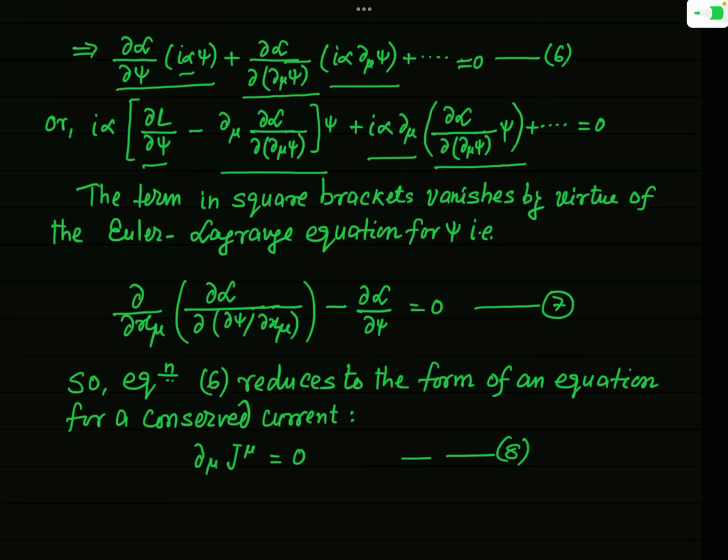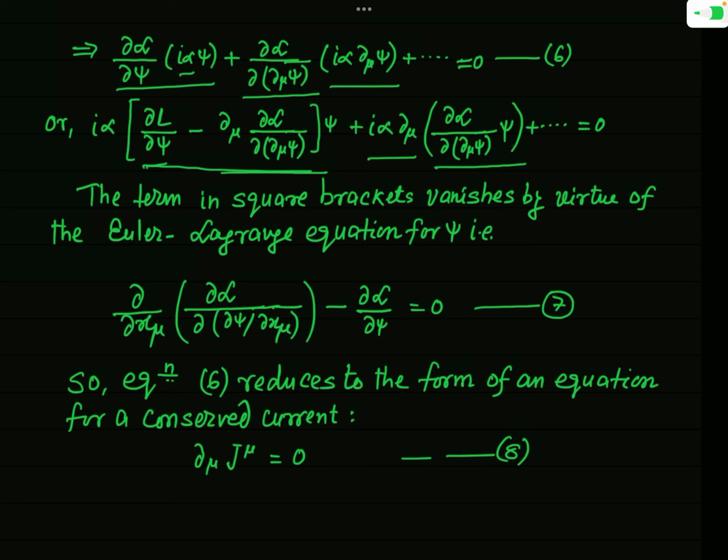Now look at the form of the expression inside this square bracket. Actually this is just the form of the Euler-Lagrange equation. You have definitely studied this Euler-Lagrange equation in your course on classical mechanics, and this term inside the square bracket is equal to 0 because this is just the Euler-Lagrange equation.